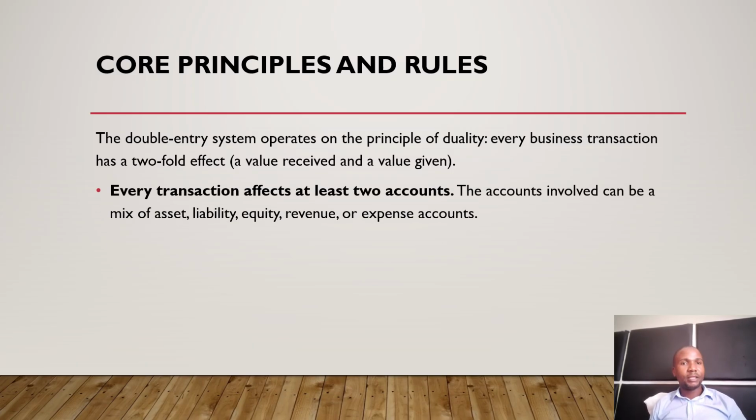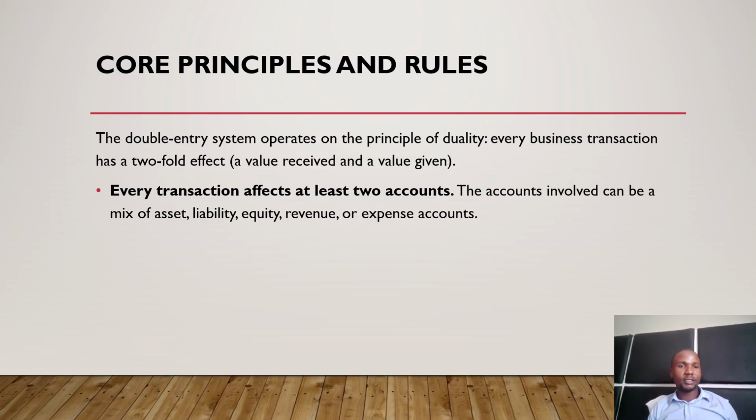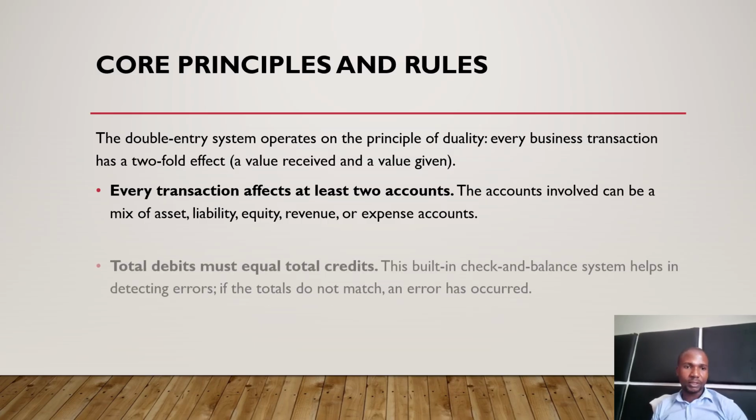One of the main principles is that every transaction affects at least two accounts. The accounts involved can be a mix of asset, liability, equity, revenue, or expense accounts, all of which are the components of the accounting equation. We're going to look at how every business transaction affects each of these.